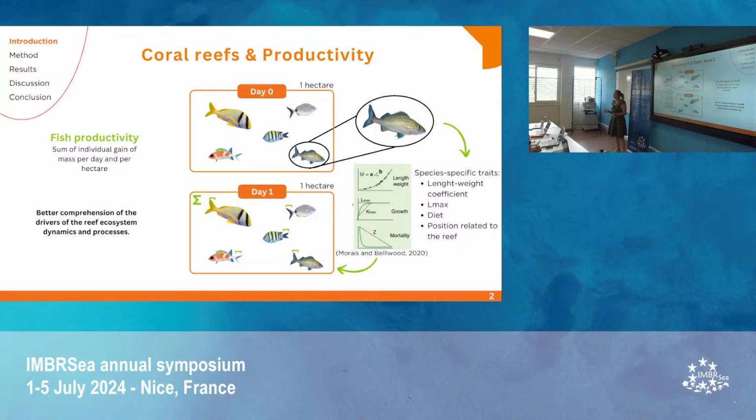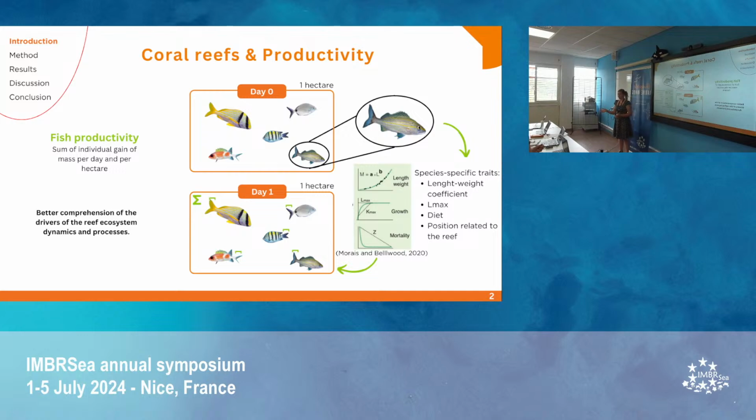In this context, fish productivity has been created. Fish productivity is a great tool in order to look at which areas are more sustainable. Fish productivity can be defined as the sum of all individual gain of mass per day and per hectare. This measure integrates species-specific traits in the calculation of biomass in order to replace each individual in their growth curve.